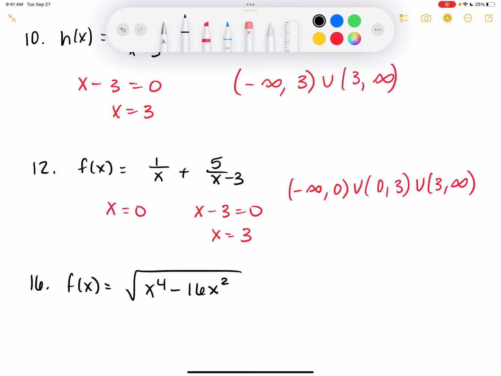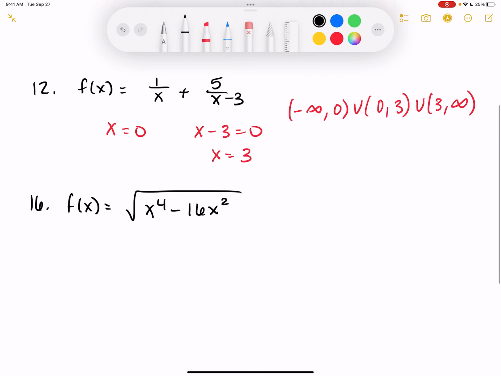Can we have 0? Square root of 0 is 0. So can I have 0? Yeah. Okay. So if I can't have negative numbers, but I can have 0, it's not going to be an equality this time. It's going to be an inequality. So I'm going to set the inside greater than or equal to 0.